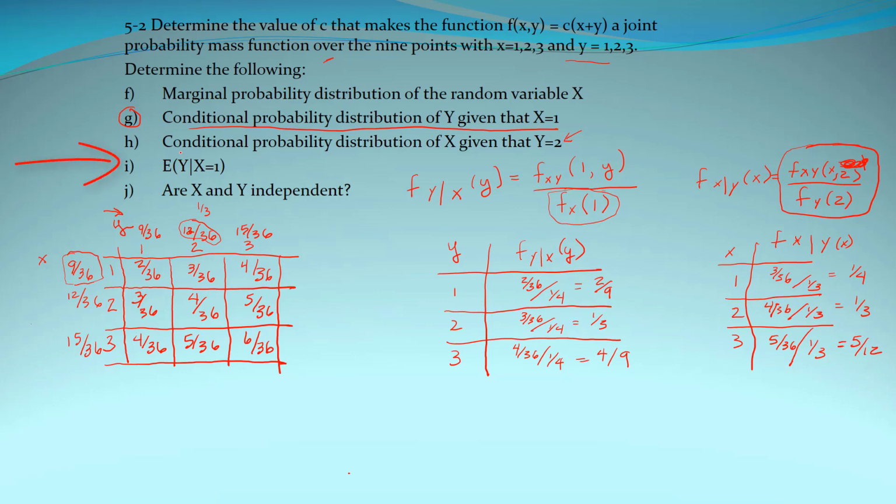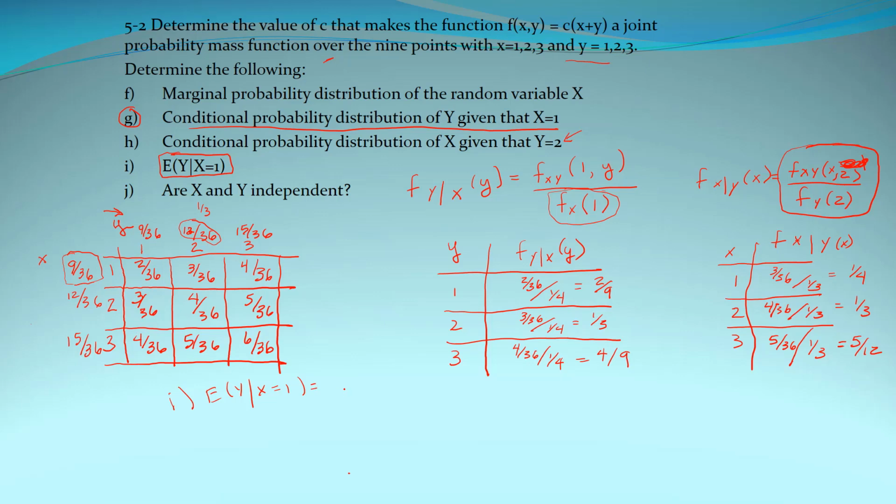And now we're on to the expected value of y, given that x is equal to 1. So this is E of y, given that x is equal to 1.